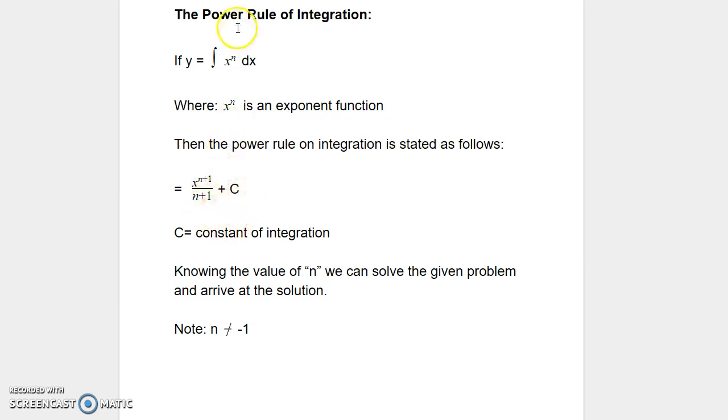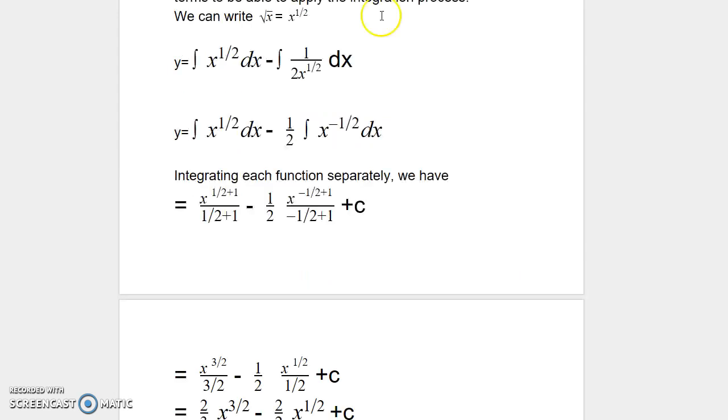That's the way we're going to use it, and we're going to use that power rule in simplifying these terms. In here we have integral x to the power of 1 half dx. We can write that as x to the power of 1 half plus 1 divided by 1 half plus 1. Minus 1 half is a constant, so we're not going to do anything with that.